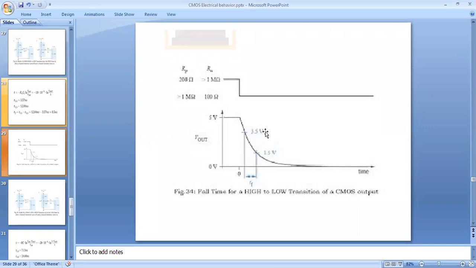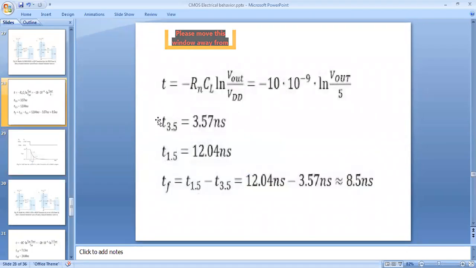So our aim is, at 3.5 volts, take V out as 3.5 volts and calculate the time period t. We mention it as t at 3.5.